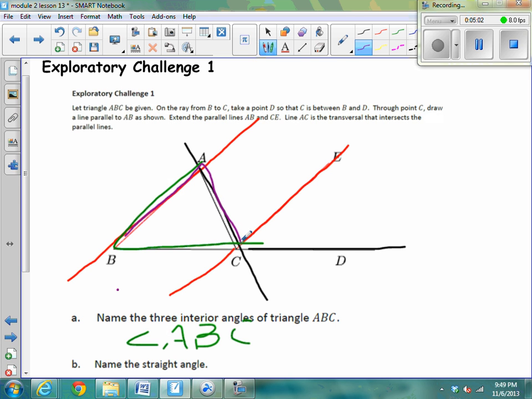So that's angle BAC. And the third angle is angle ACB.